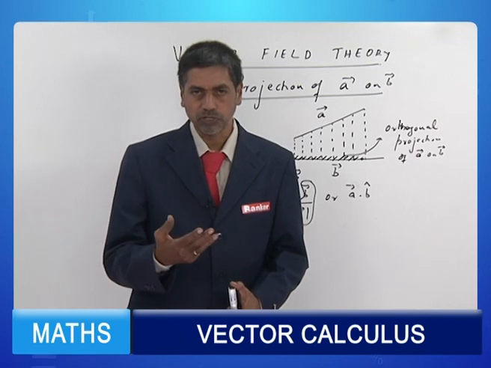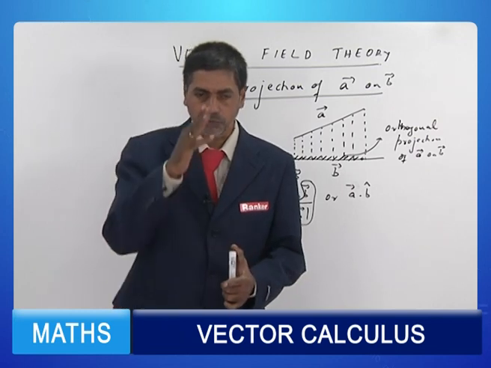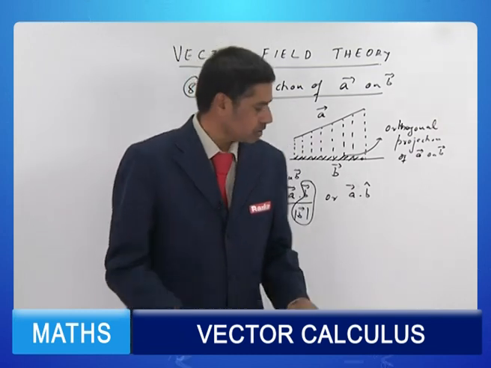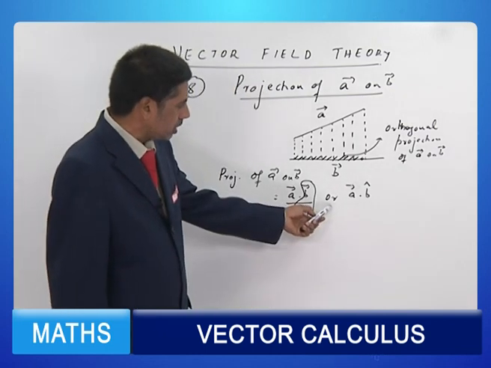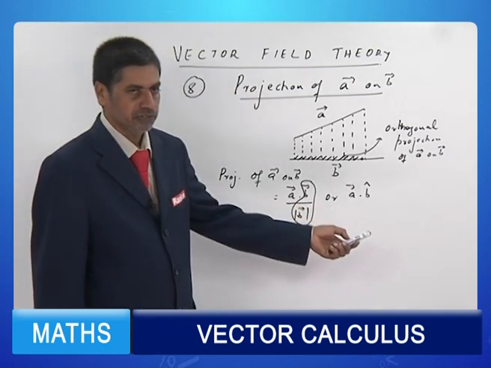Of course, the projection will be 0 only when A becomes perpendicular to B. As I told you, this concept is very important in the context of directional derivatives.